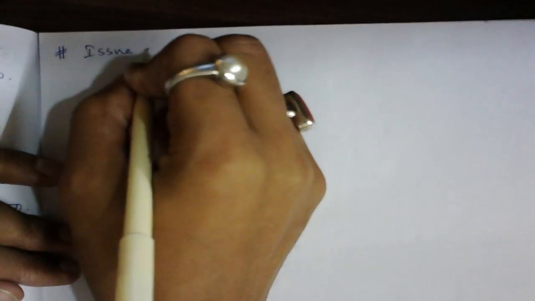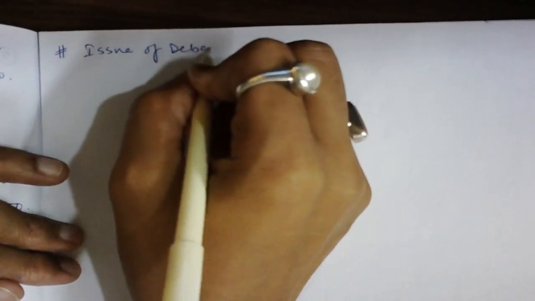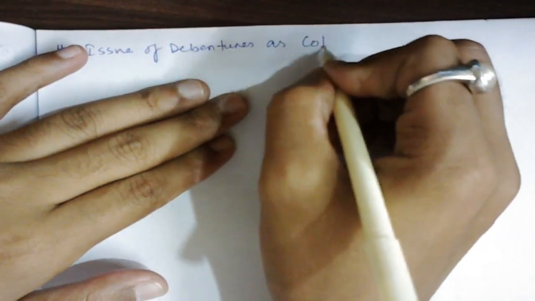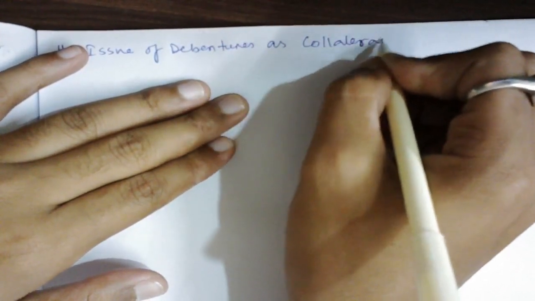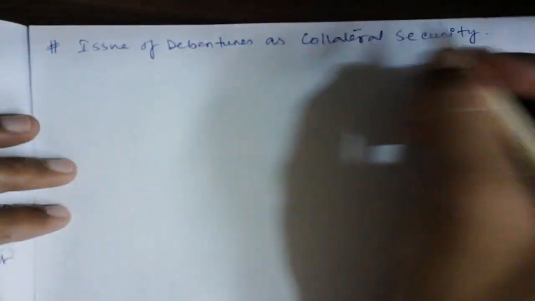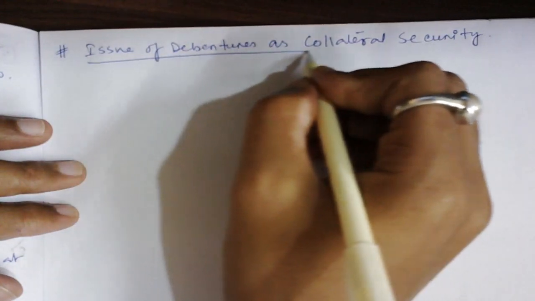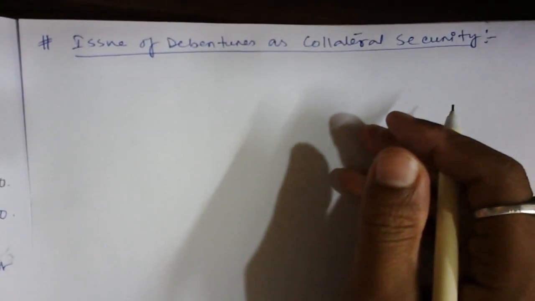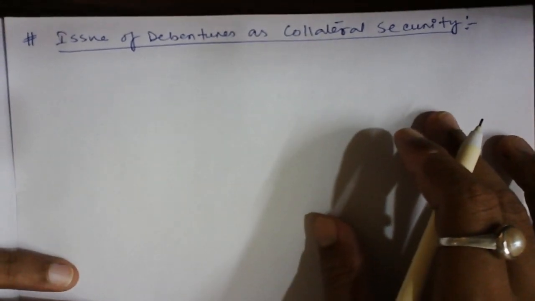First, we are going to understand one of the important concepts, that is issue of debentures as collateral security. Please make a note of that.